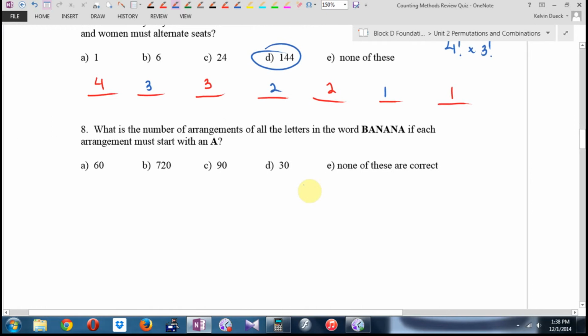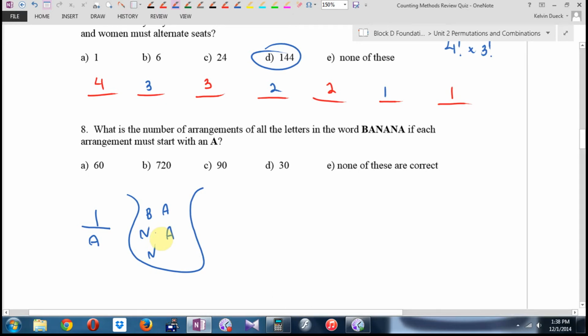Number 6. What is the number of arrangements of all the letters in the word banana if each arrangement must start with an A? Ooh. Okay. Have to have an A there. Put it there. I guess that's going to leave me with the rest, because I've used one A up at the front.